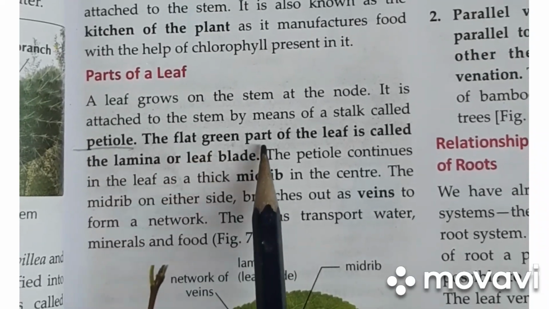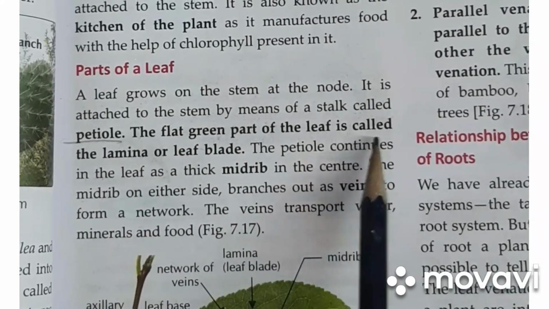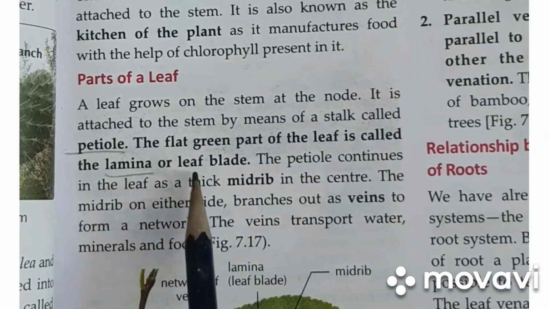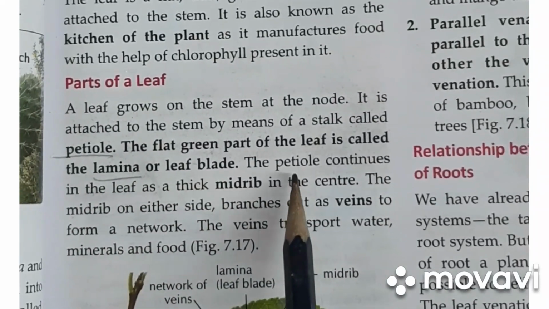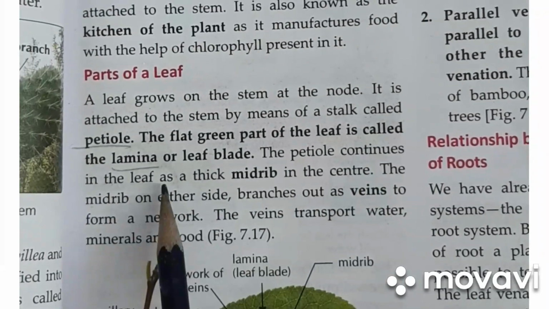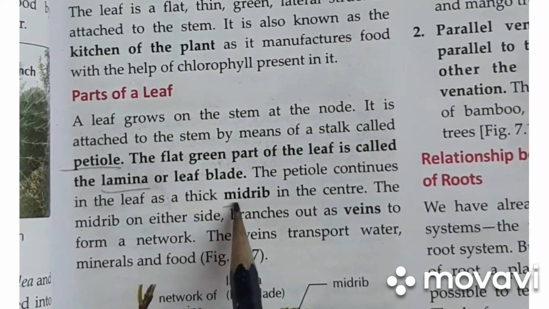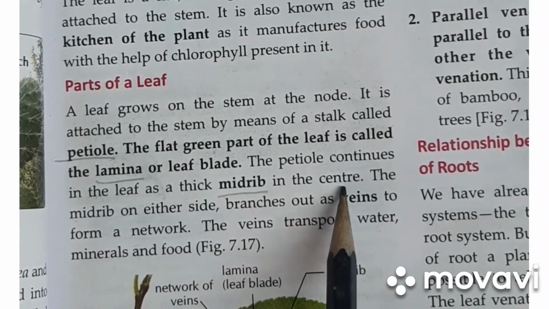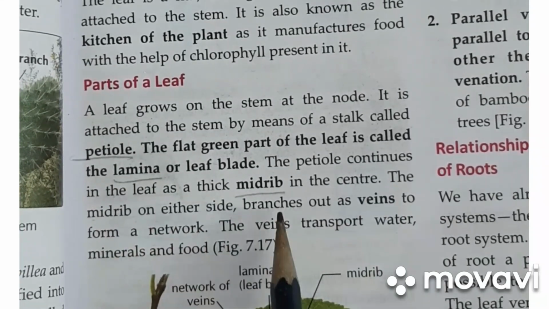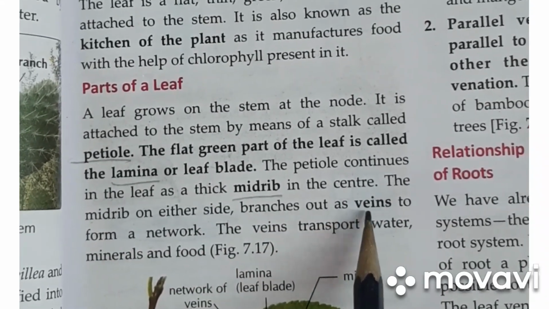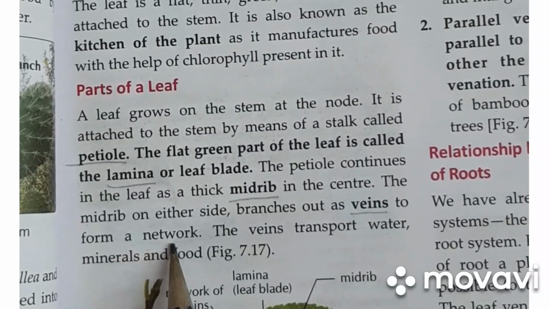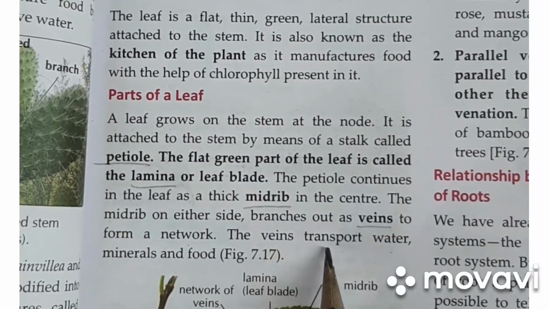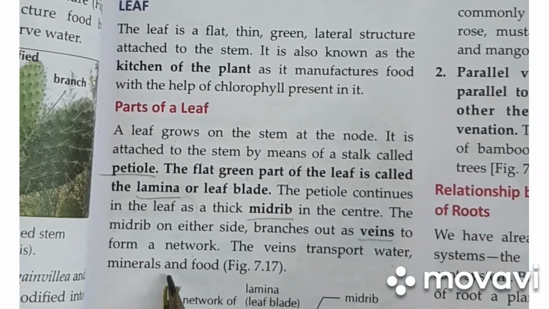The flat green part of a leaf is called the lamina or leaf blade. The petiole continues into the leaf as a thick midrib in the center. The midrib on either side branches out as veins to form a network. The veins transport water, minerals and food.